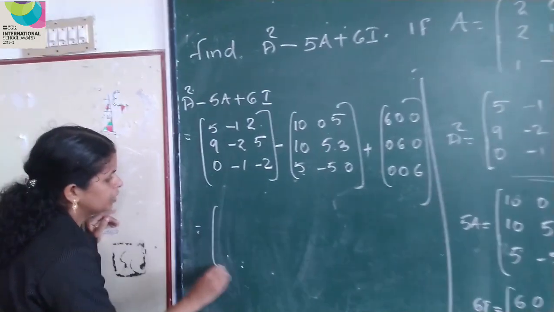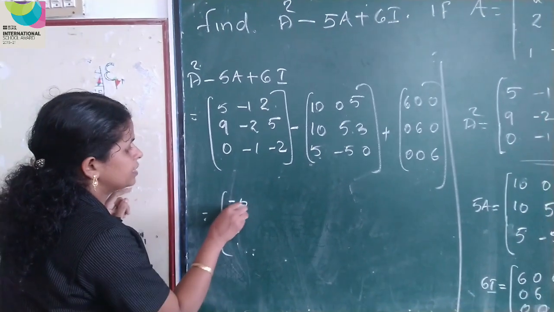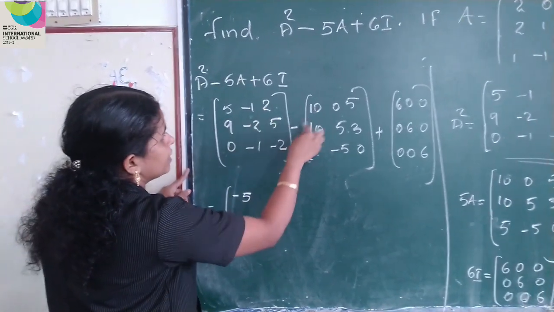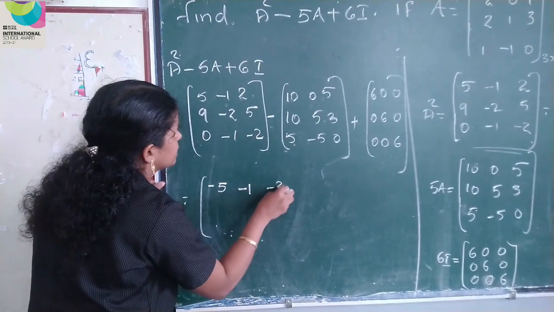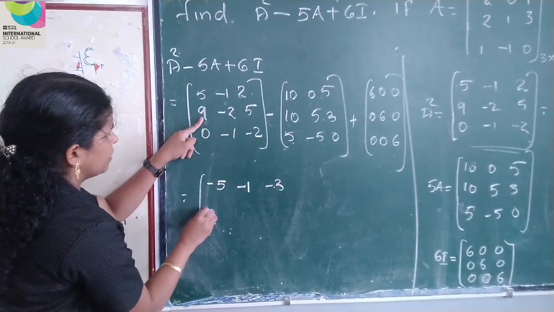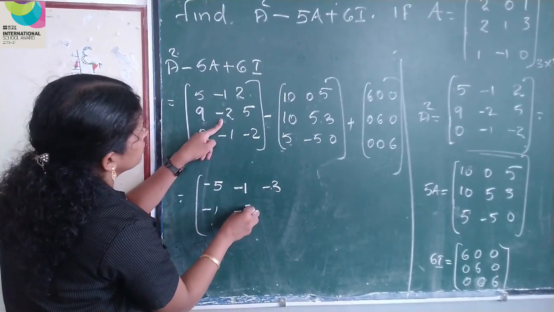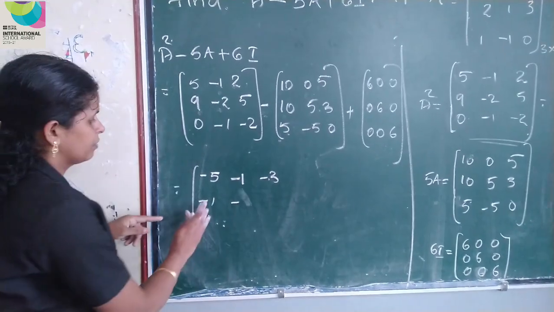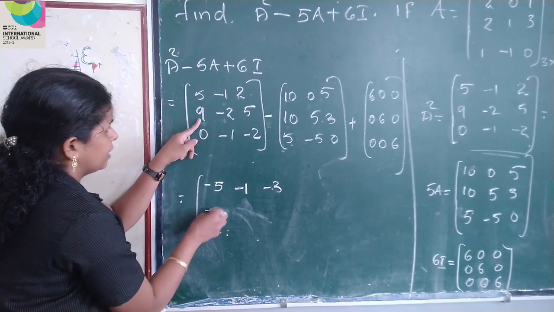Which is equal to the matrix: 5 minus 10 is what? Minus 5. Minus 1 minus 0, that means minus 1. 2 minus 5, that means minus 3. 9 minus 10, minus 1.